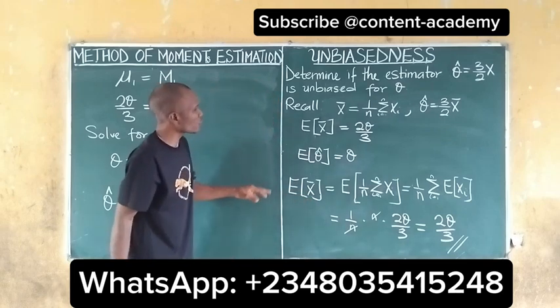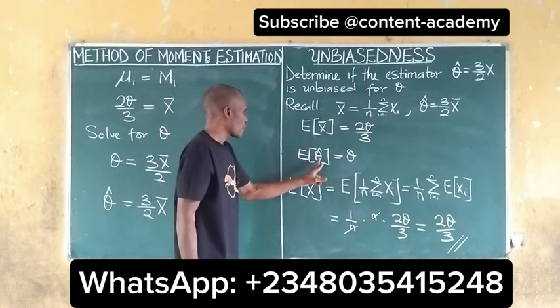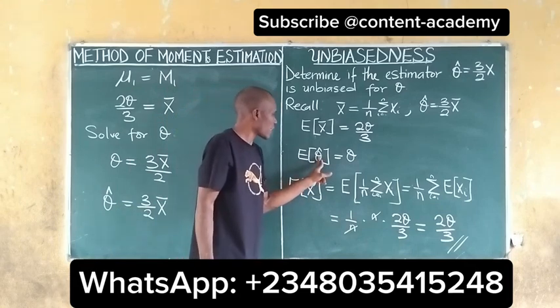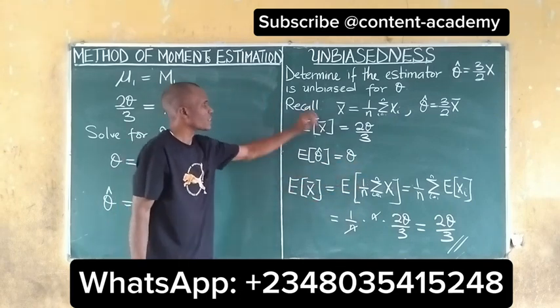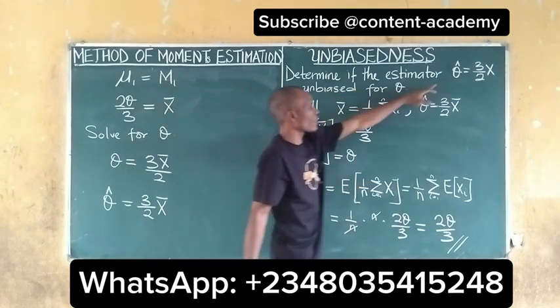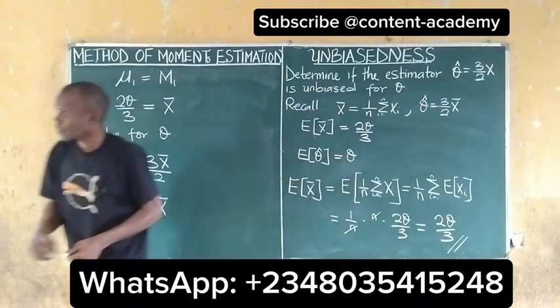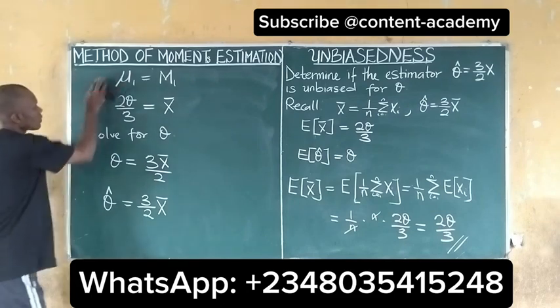Now, we are also to check the expectation of theta bar to give us theta. If we can show this, then it means that the estimator is unbiased. So we move over to this other side.